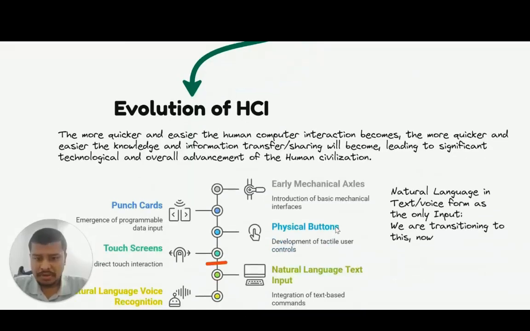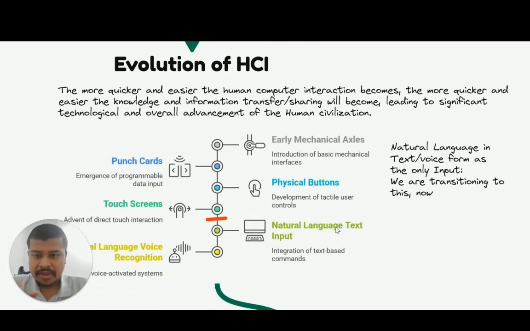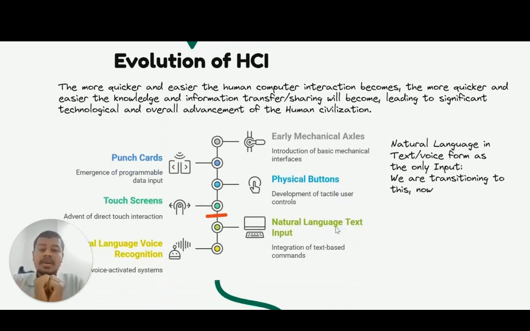You see the evolution of HCI, or human-computer interface. We started out with early mechanical axles in the first industrial revolution. If you see the First World War, the whole computer was fitting a whole room, right? There it was all mechanical axles. Even the first Turing machine, which Alan Turing invented, was actually a mechanical operation-oriented computer.